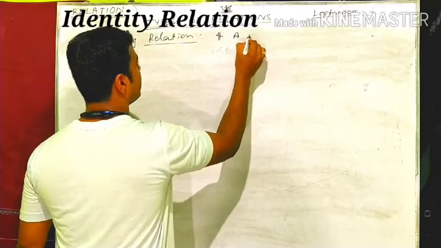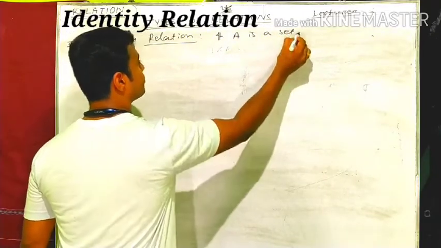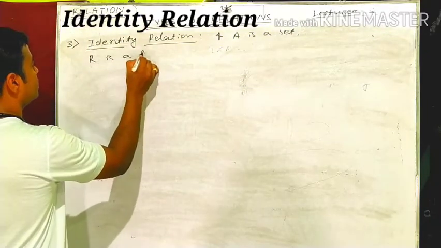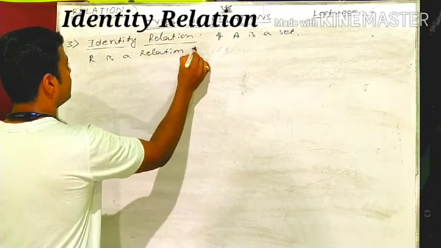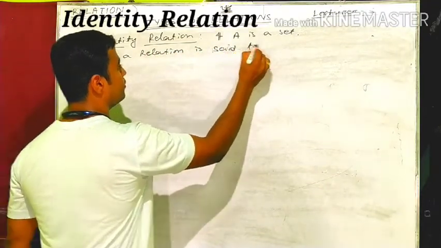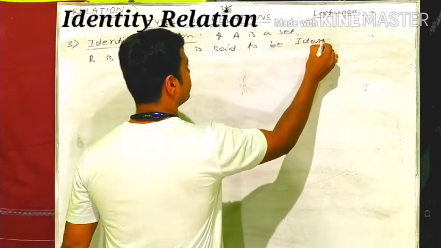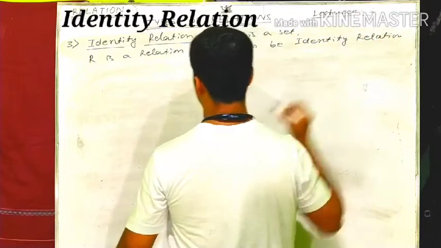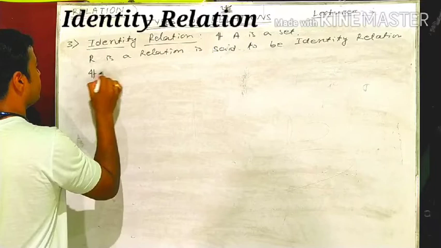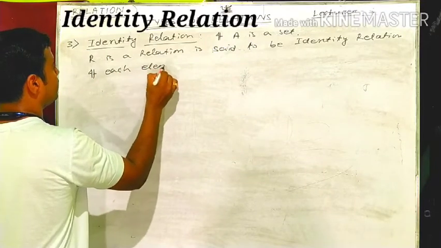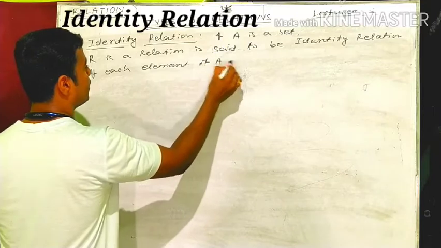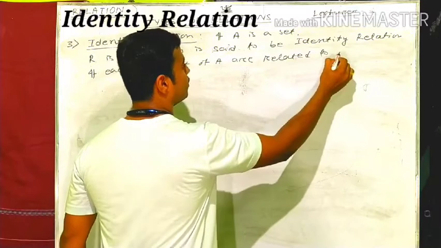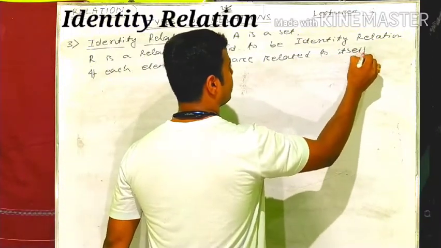If A is a set, R is a relation, R is said to be identity relation if each element of A is related to itself only.